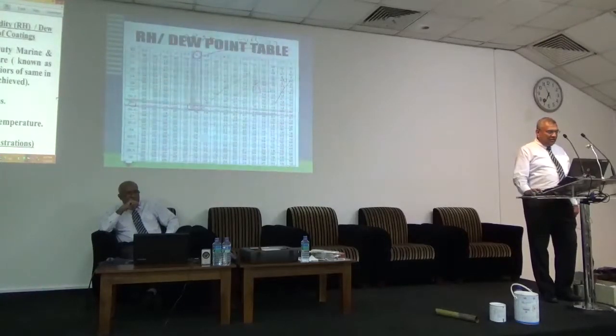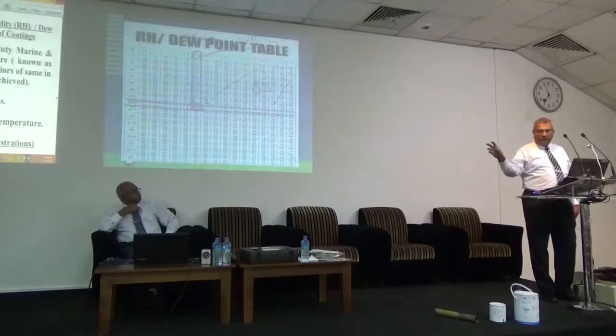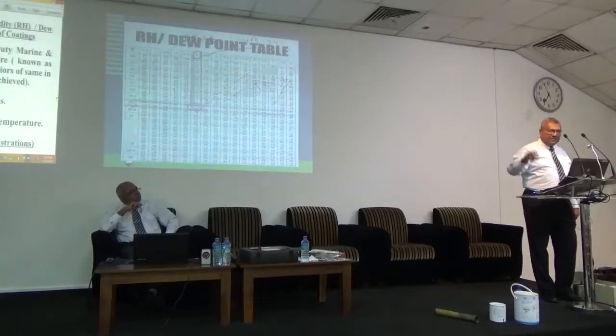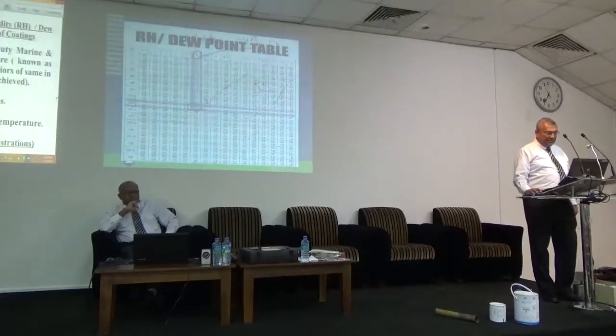And your difference between the steel temperature and dew point: when you keep that thermometer onto the steel, you get the steel temperature. Say it's about 35 degrees centigrade, and your dew point is 22. So 35 is more than 3 degrees higher than the dew point, you can paint.